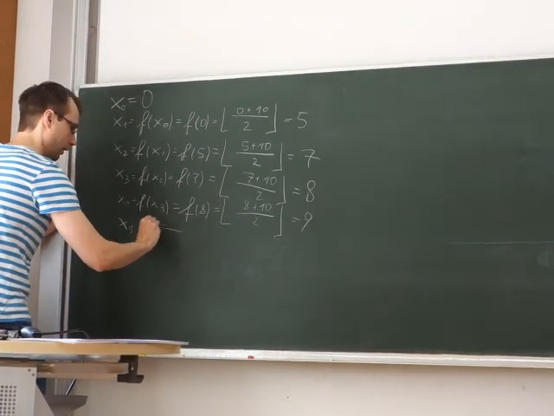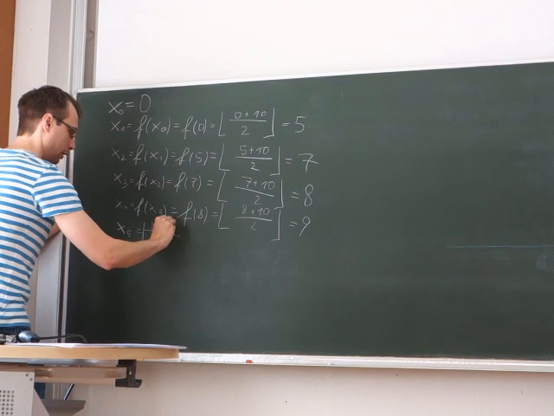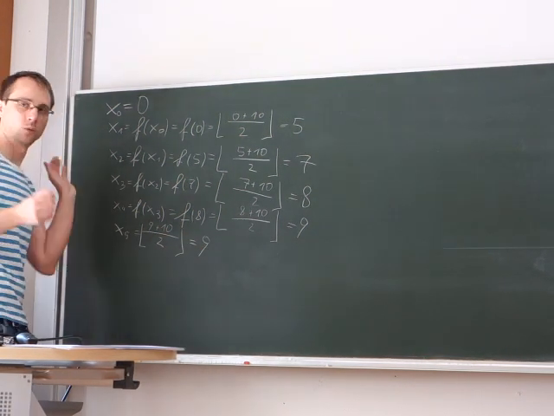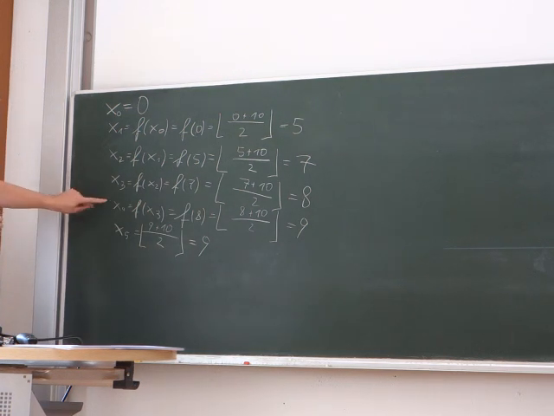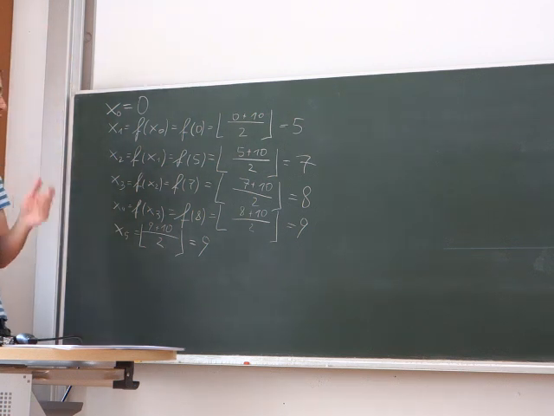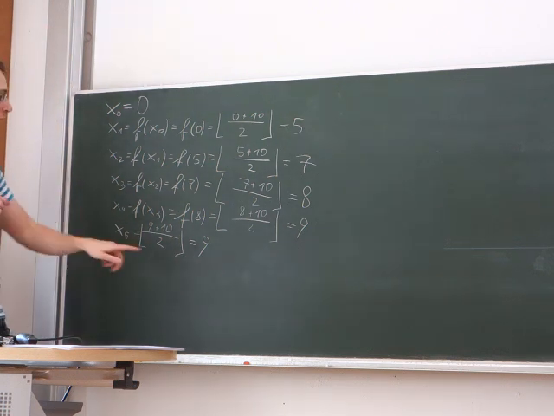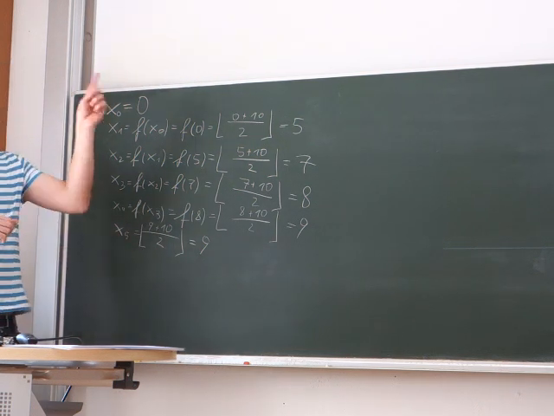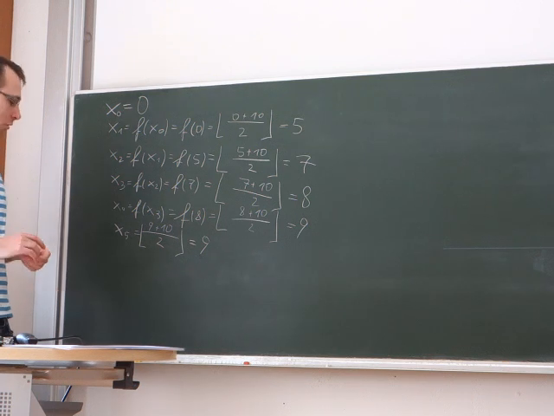And now I just write (9 plus 10) divided by 2, and this is again 9. We already had this before. So now x did not change in this last iteration anymore, so our algorithm just terminates, and the final result is the value 9, which is indeed the smallest fixed point of this function.